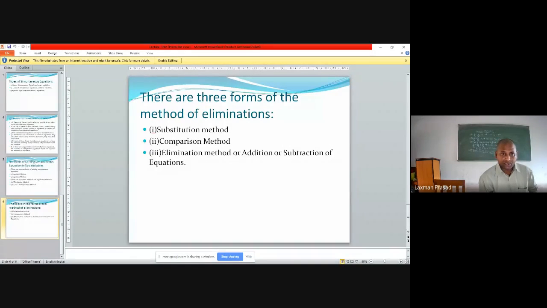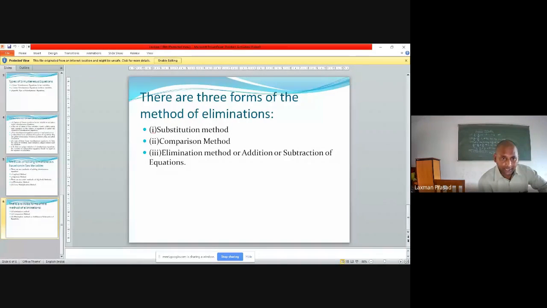And the second equation is 2x minus y equals 4. Fine. So here the coefficient of y in these two equations is equal.